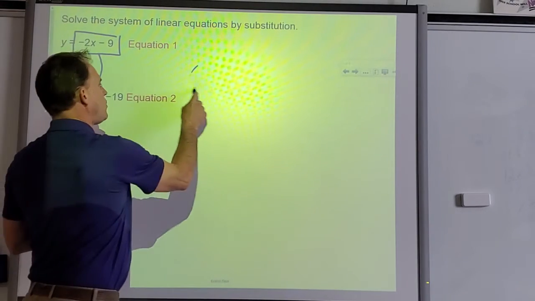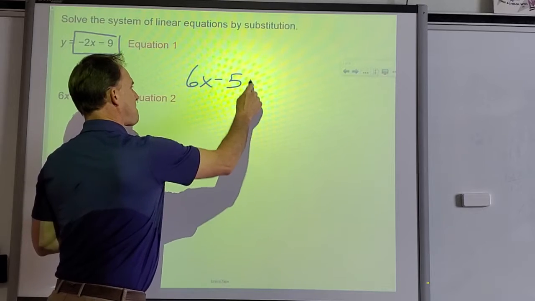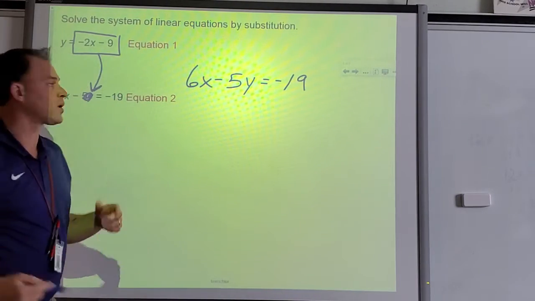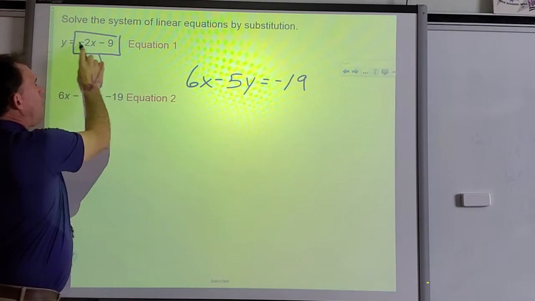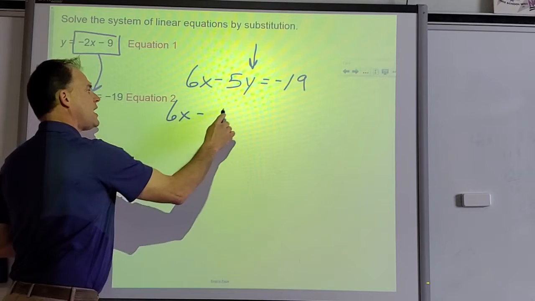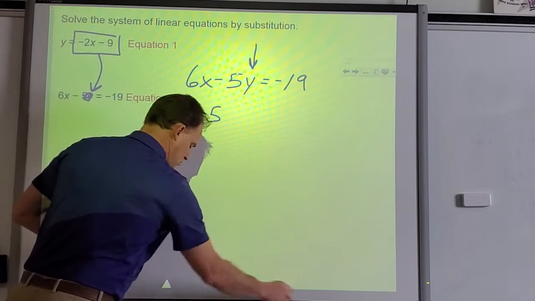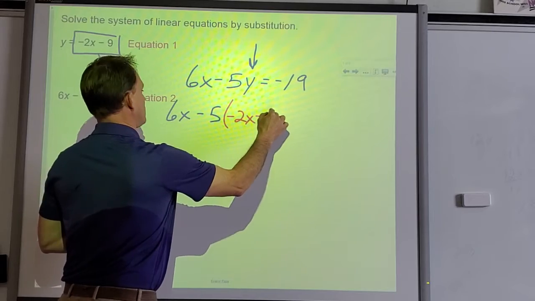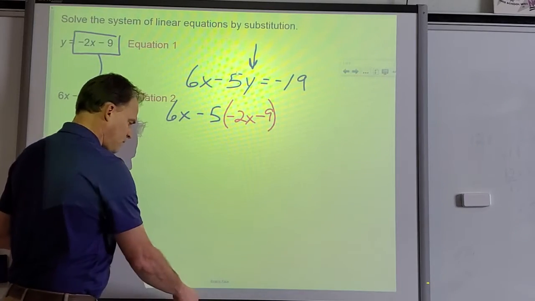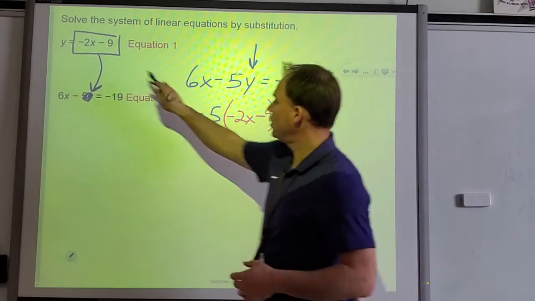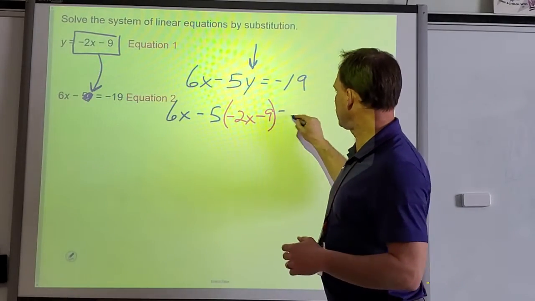So the original equation, then we're going to substitute. Take what y equals, put it in place of y. Nothing else changes. I do the substitution. Replace y with what y equals.